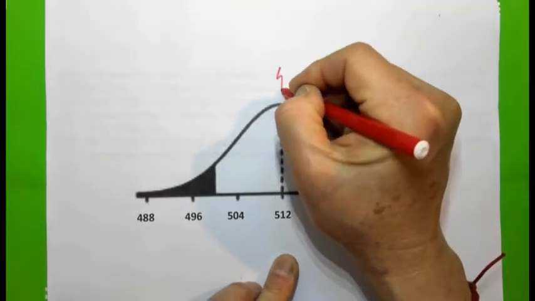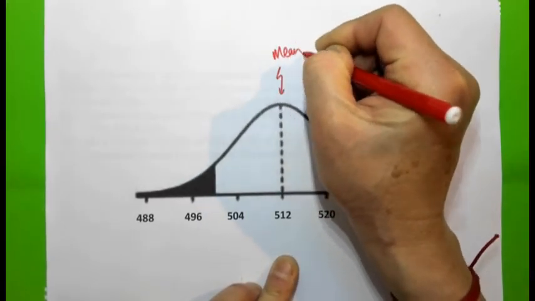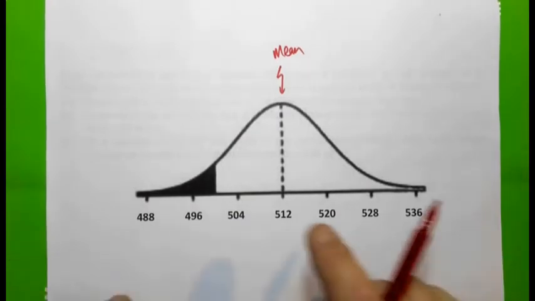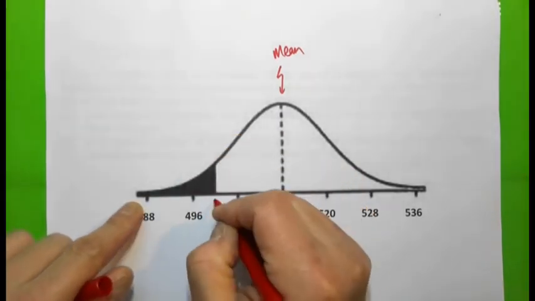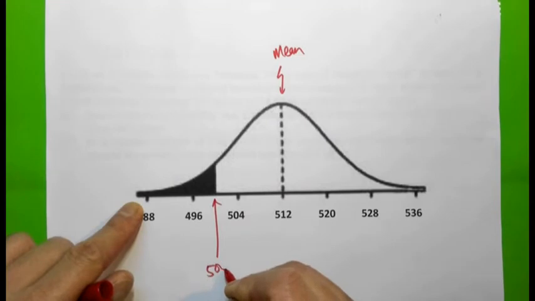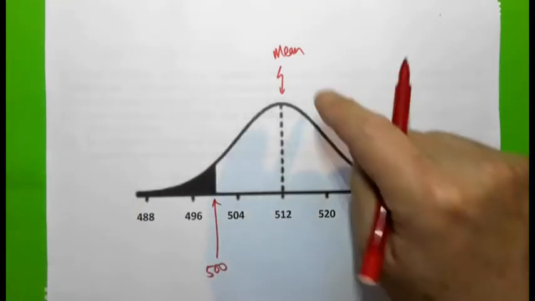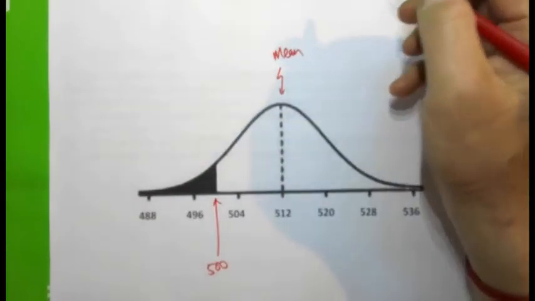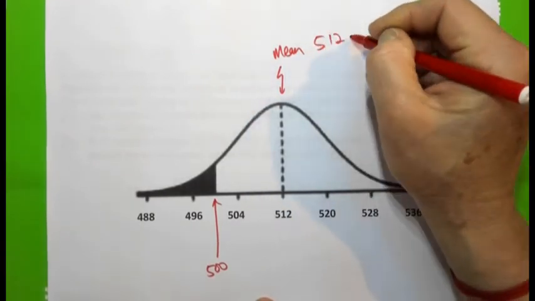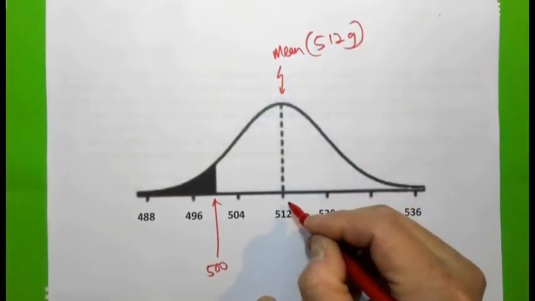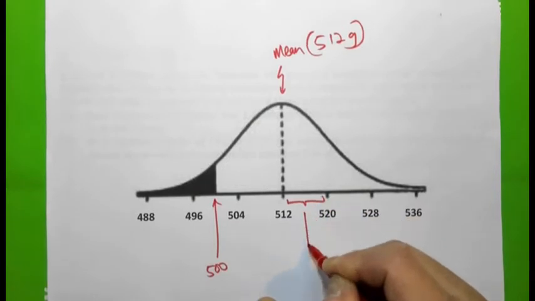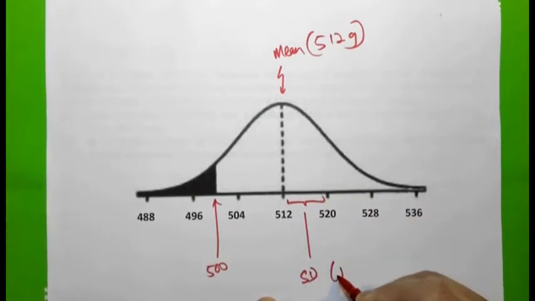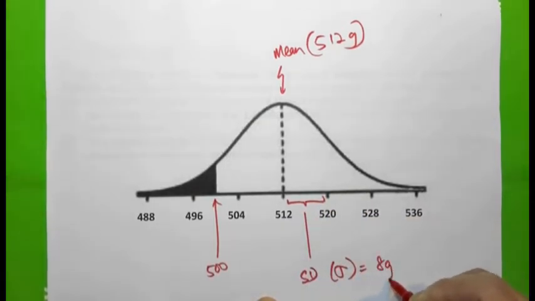So this is actually the mean. We are looking at the area, which is 500 grams and under. We know that mean is 512 grams and standard deviation, or actually sigma, is 8 grams.